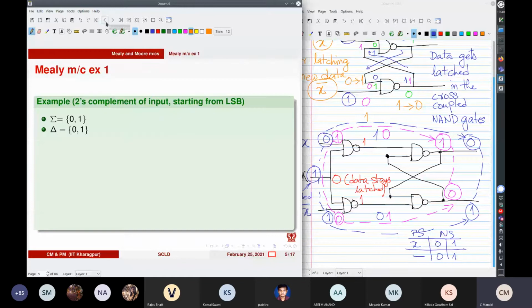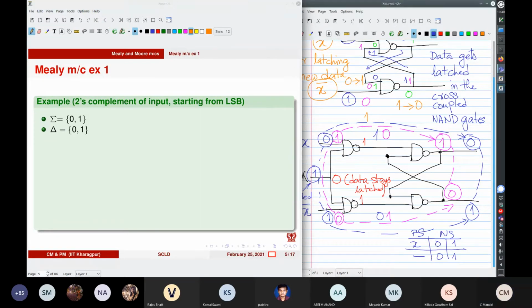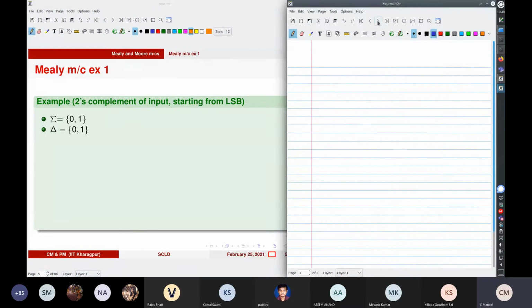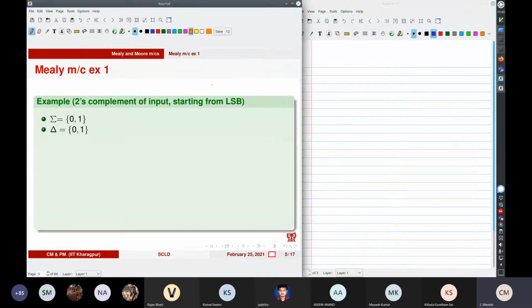Okay, now let us look at some examples of Mealy machines. So let us see if we can design a Mealy machine to perform 2's complementation of a given input.